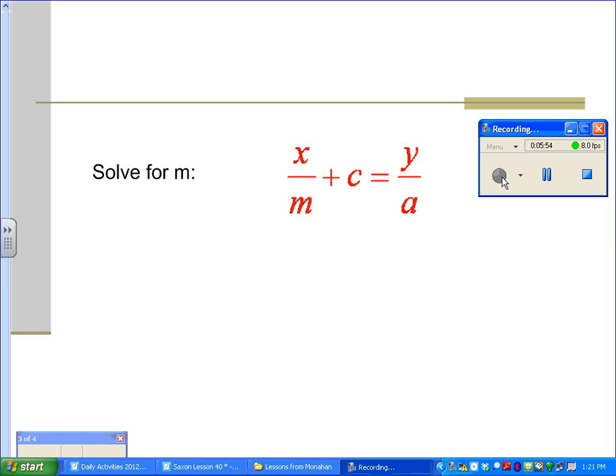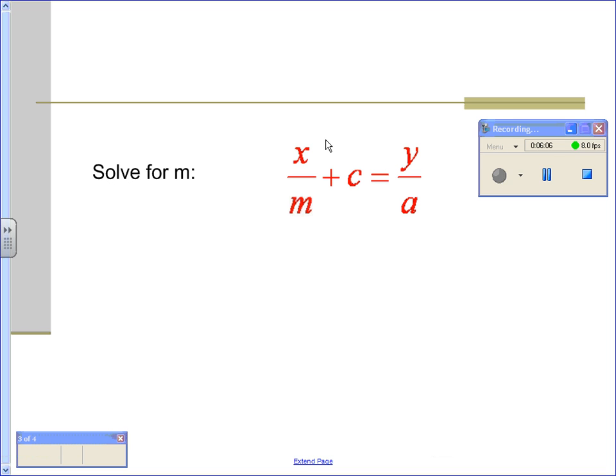So this time we want to solve for m. Same concept, yes. What are you going to multiply each term by? Does that make sense? So what would the first term become?